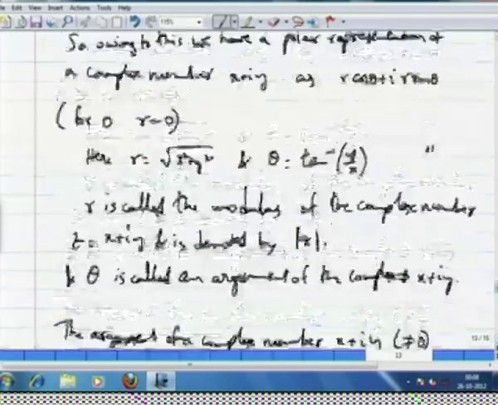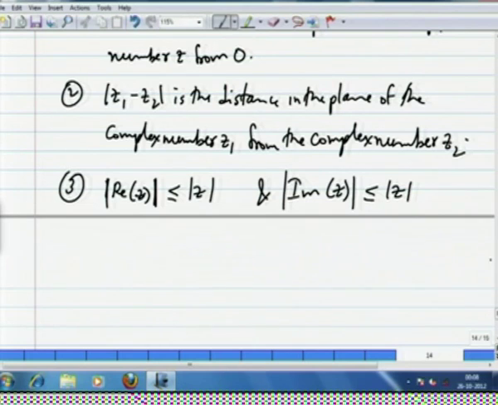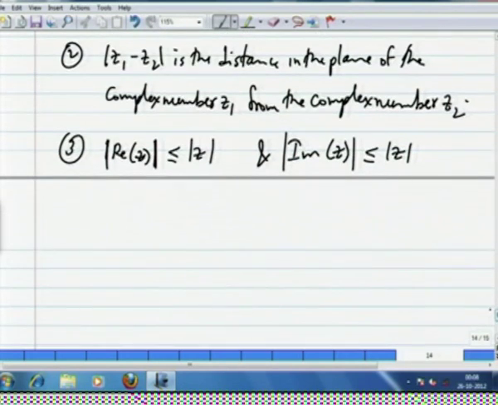Likewise it is also greater than or equal to y. So, the absolute value of the imaginary part of z is less than or equal to the modulus of z. I apologize, this is the absolute value. Real and imaginary parts of a complex number are real numbers. So, the absolute value of the real or the imaginary part of z is less than or equal to the modulus.